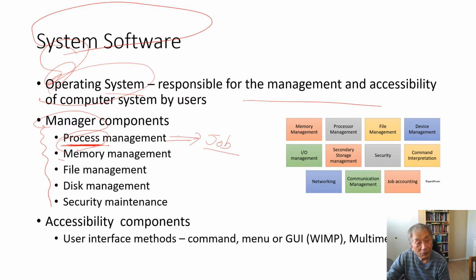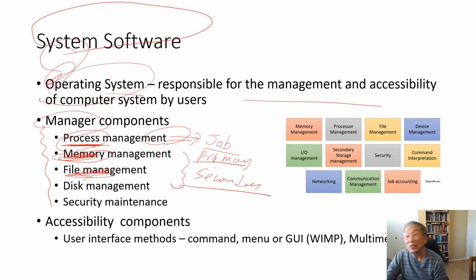Then memory: we have the main memory, and then there's a secondary storage. We said that hardware has a processor and a storage device, but there's a primary storage and the secondary. Primary storage is what is installed in the computer, and that is the storage needed for processing data.